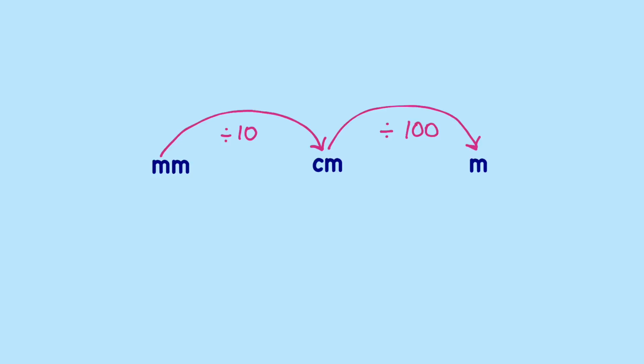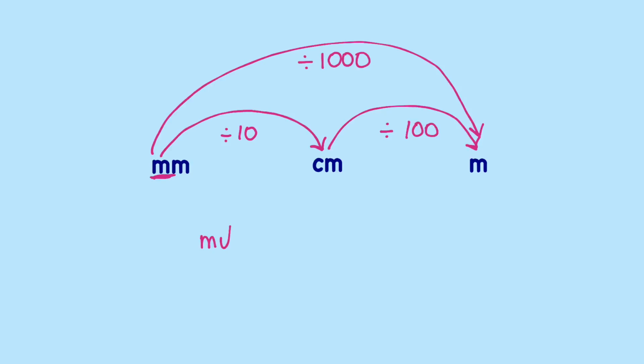What about if I have millimetres and I want to convert to metres? Well, if I have divided by 10 and divided by 100, what I've actually done is divided by 1000. A really great way to remember this is that milli actually means 1000. So we know that there are 1000 millimetres in a metre.